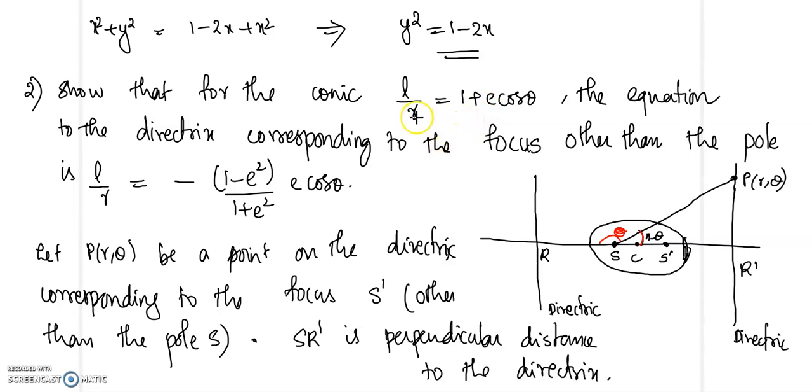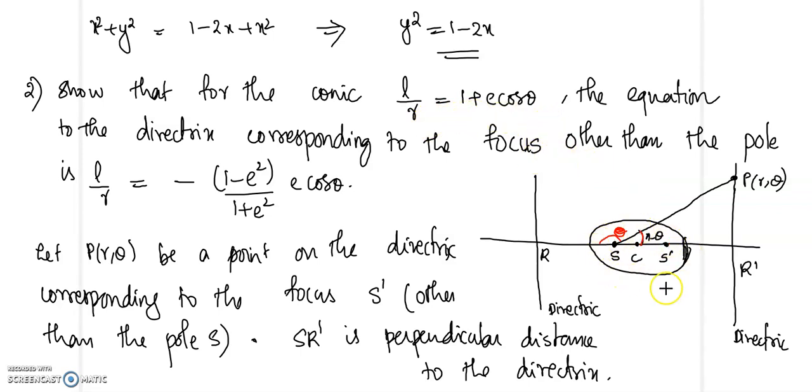Now the conic given to us is l by r equal to 1 plus e cos theta. Okay, so initially when you have seen the equation of the conic, l by r equal to 1 plus e cos theta, the initial line will actually be in the opposite direction. So the initial line SR will be for the conic l by r equal to 1 plus e cos theta.